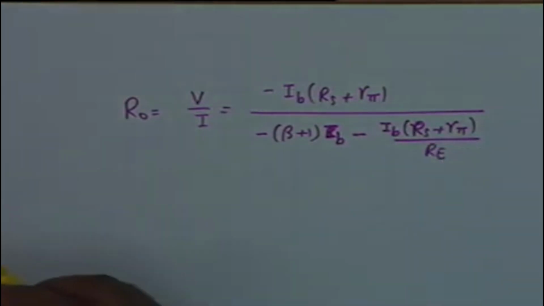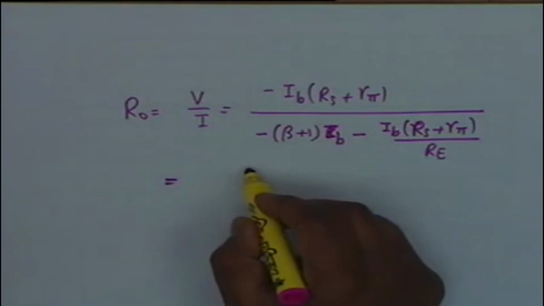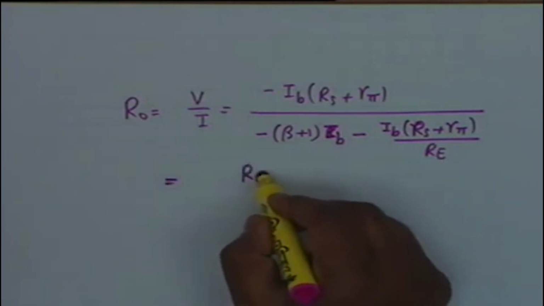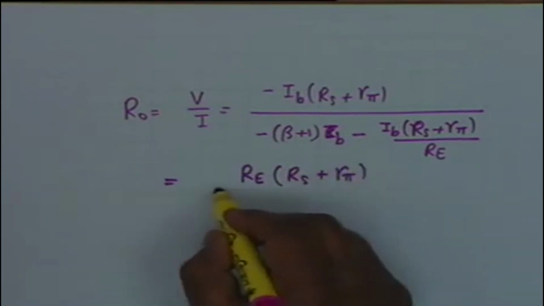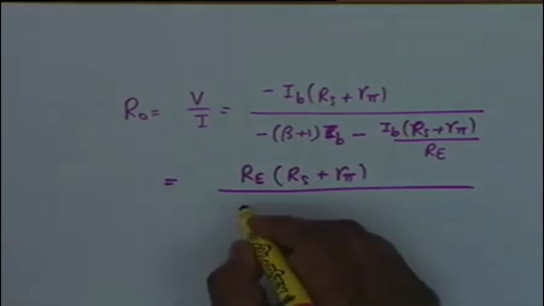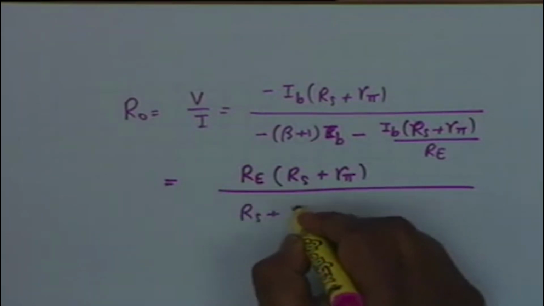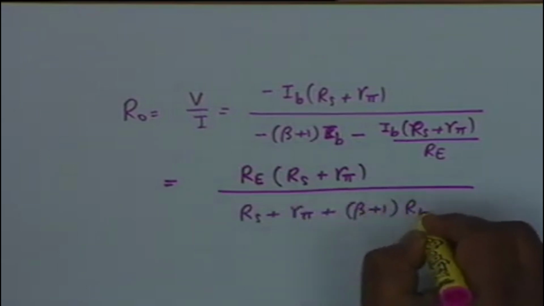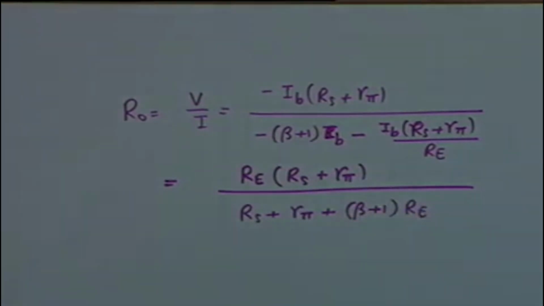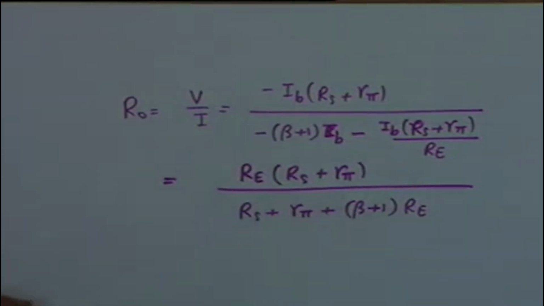I am taking help of this relation to write the expression for I. Now, you cancel out Ib. So, you get Re (Rs plus R pi) divided by (Rs plus R pi plus (beta plus 1) Re). I hope I have not made a mistake. Or have I? No, not yet.